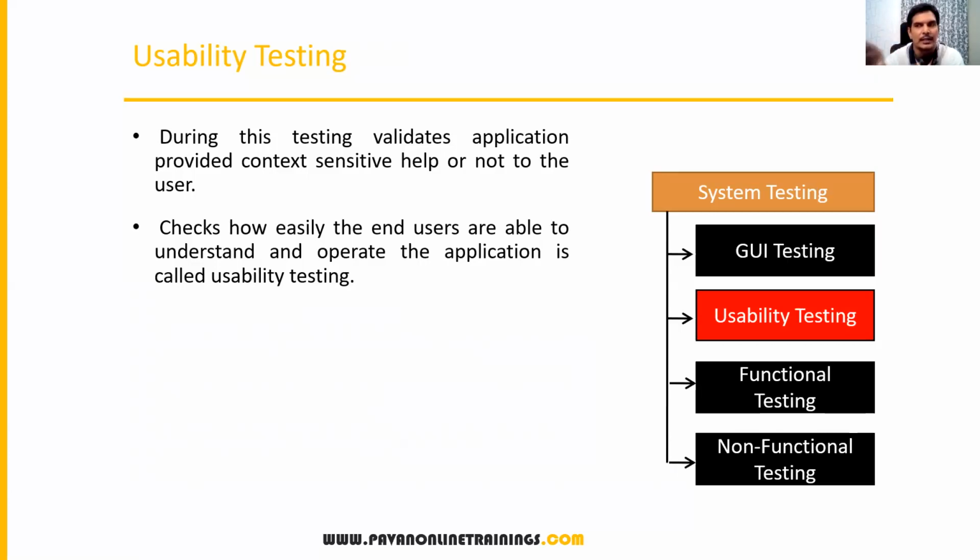He can go to the help and type the questions, he will get the answer, and then he can do the actions. So that is a kind of help we are providing in the application, and that we have to verify. Whether our software or product is providing help to the customer or user or not, that we have to verify as part of usability testing, which is also called context sensitive help.